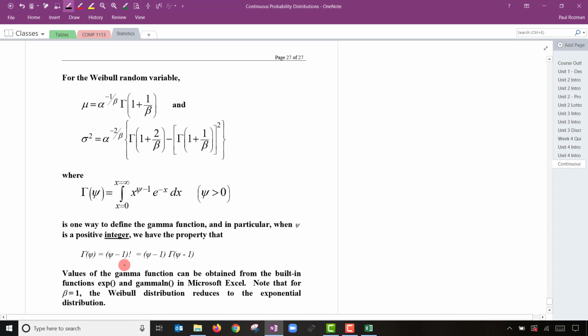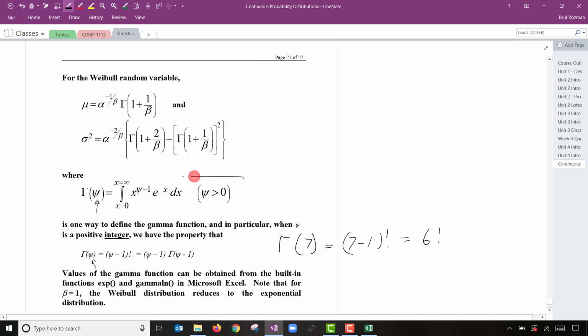So the function is recursive as long as you are finding positive integers. The gamma function evaluated at 7 is 7 minus 1 factorial, which is 6 factorial.